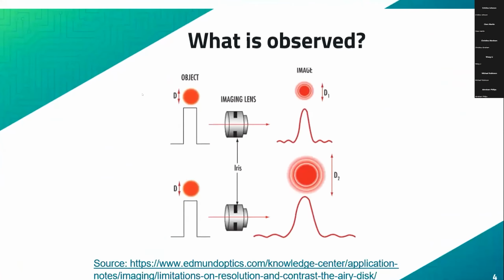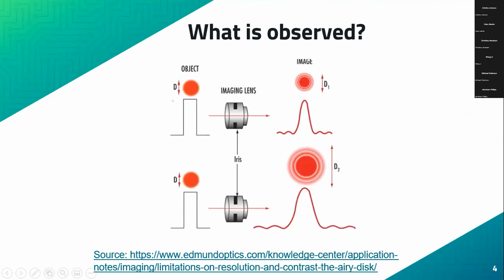Then, what is observed? Really, we have the object. We expect one profile like this, but the wave observed is like this.